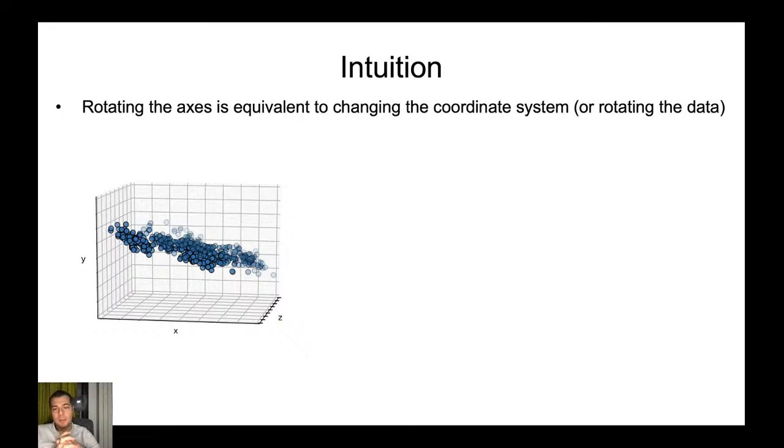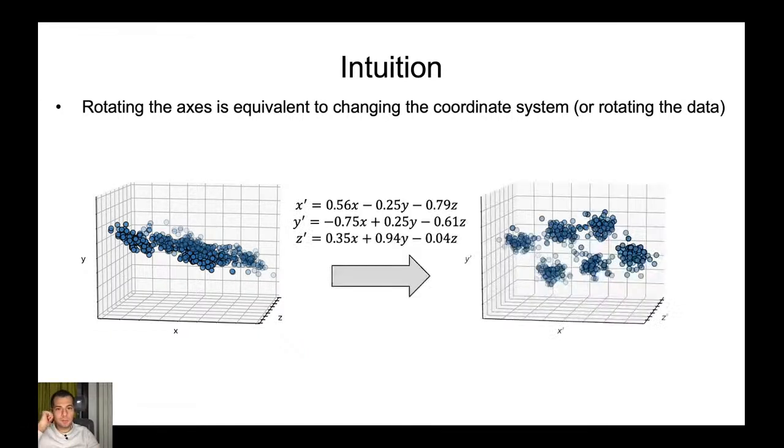What we did here manually, rotating the axes, is equivalent to changing the coordinate system. This is what PCA does: it applies some transformations on the original coordinate system, such that in the new coordinate system we are able to see the data better.